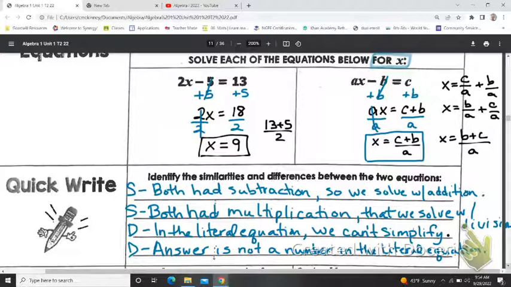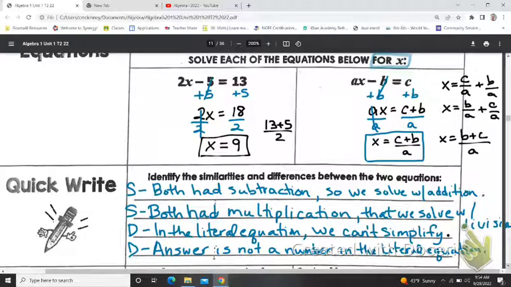So hopefully you notice that the process, the steps we have to take to undo things, are the same as an equation. So if you look at these and think about what would I do if this was a number, if everything were numbers except the variable I'm solving for, how would I operate?